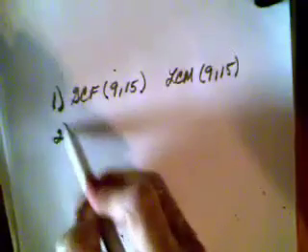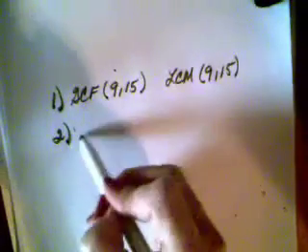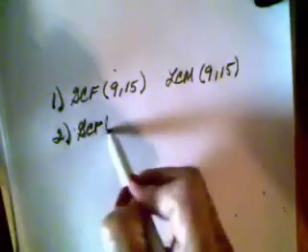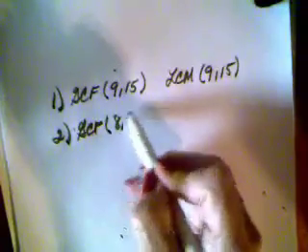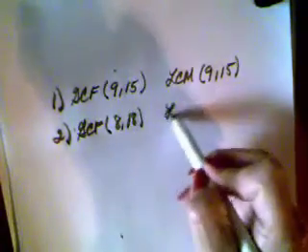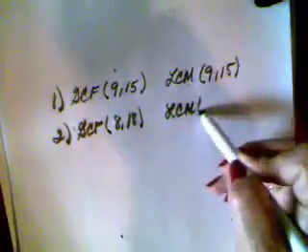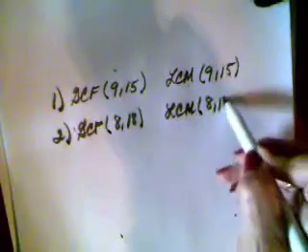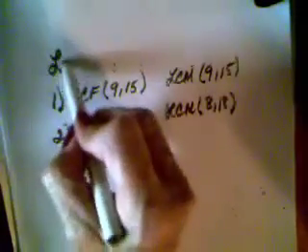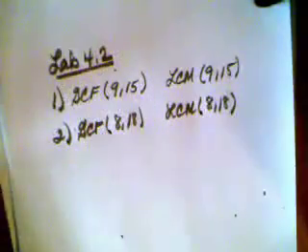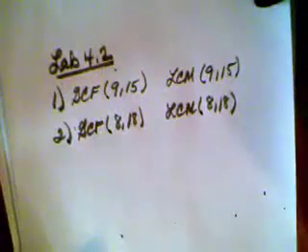So I'll have you do 2 of those. The greatest common factor of 8 and 18 and the least common multiple of 8 and 18. So this is your lab 4.2 assignment that you will attach into Blackboard.